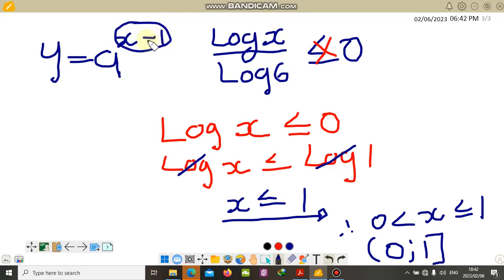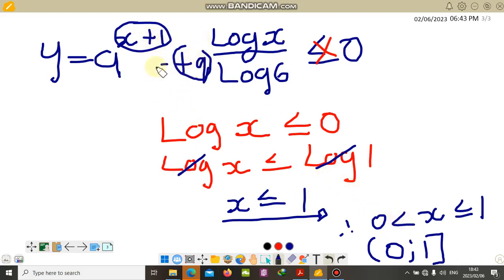If it is negative, the graph will move to the right by that many units. In this case, the whole graph will move to the right by 1. If it is positive, the graph will move to the left by 1. And if you have a number at the bottom, this means the graph will move vertically, up and down.